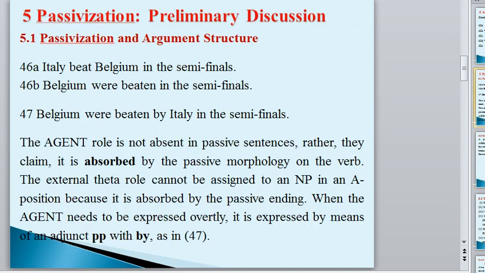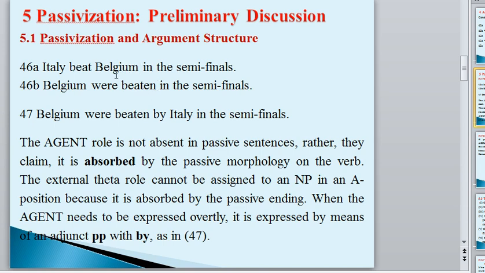Again, look at the previous examples. Belgium here is the complement of the verb. In the first sentence, we have an active sentence, and there is no problem. The active verb can assign accusative case to the NP, the object. But if the verb becomes passive, it cannot assign case to Belgium. So Belgium should move to the subject position.